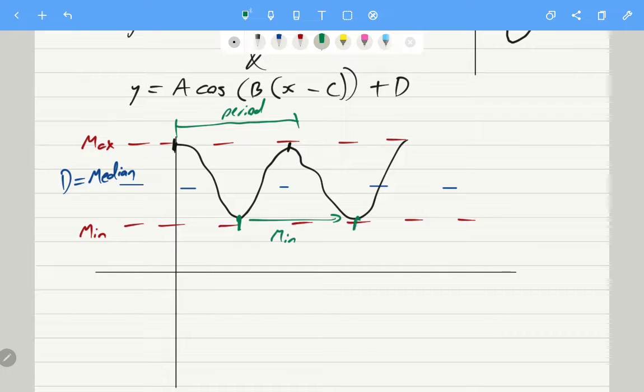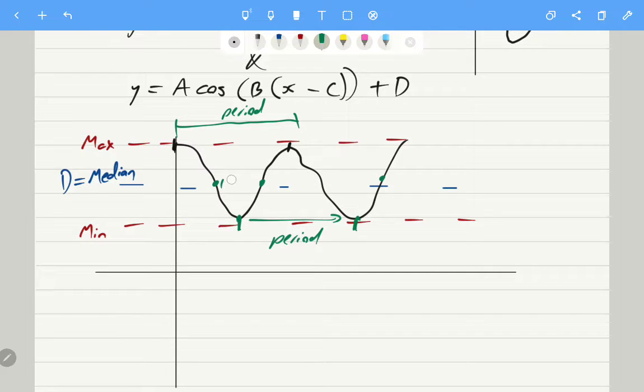It doesn't actually matter because it's all symmetric. Alternatively, we have this median point here and this median point here, and they are also one period apart.